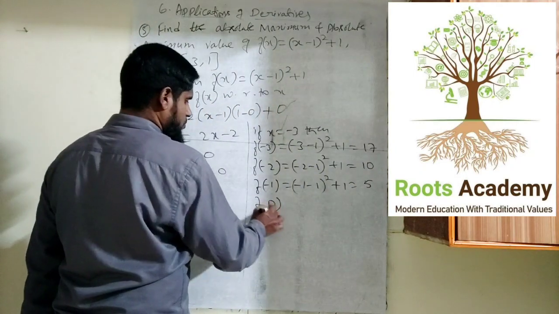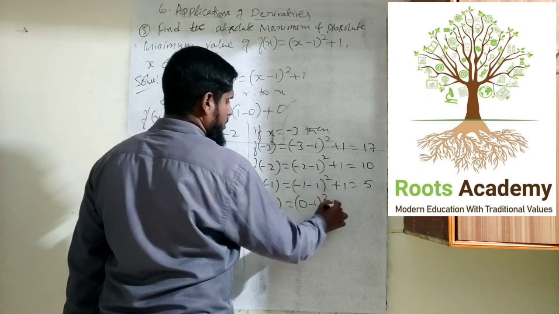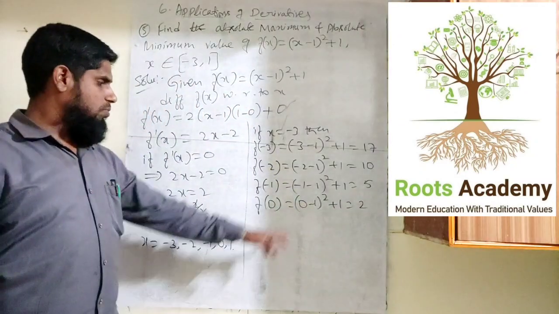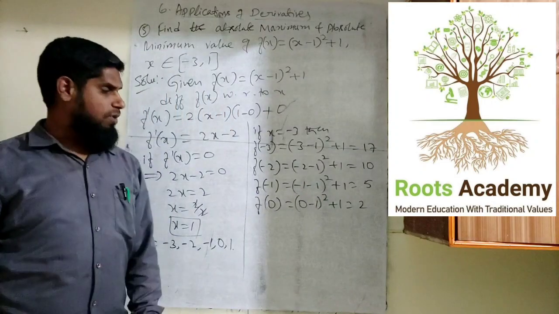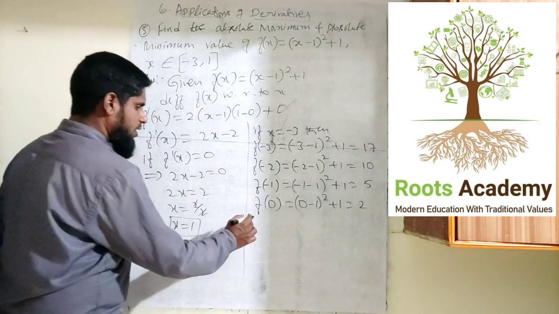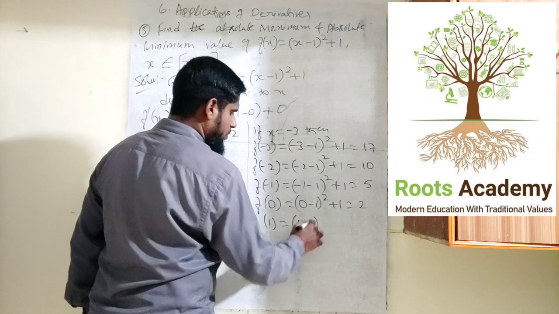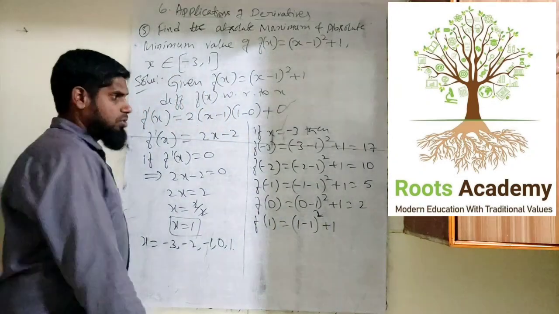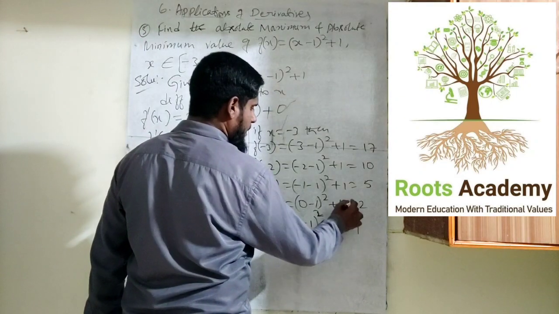And x is equals to 0 means it is (0 minus 1) whole square plus 1. 0 minus 1 is minus 1, square is 1, plus 1 is 2. At the last, at x is equals to 1, (1 minus 1) whole square plus 1. 1 minus 1 is 0, 0 square is 0 plus 1 is 1.